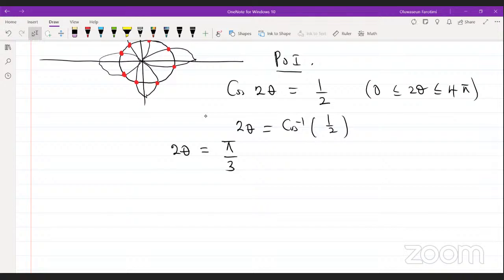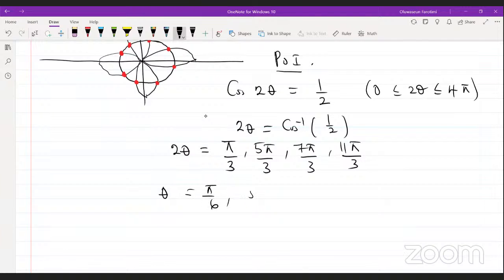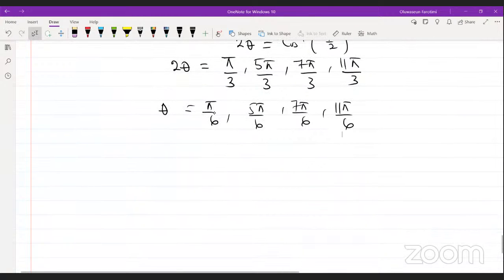The first thing you get is pi over 3, and then you get others, okay? And your knowledge of trigonometry comes in handy here as well. 11 pi over 3. Now, how do I get theta by itself? That means I have to divide by 2. So that means these are going to be pi over 6, 5 pi over 6, 7 pi over 6, 11 pi over 6. Okay, so this is this.